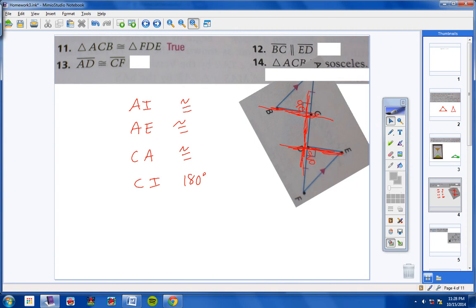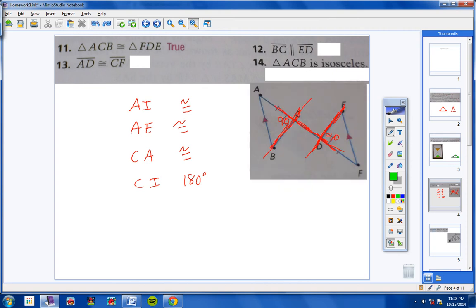What do we call these two angles here? You guys should know this by now. What do we call this angle here and this angle here? Alternate exterior angles. And look, they're congruent, 90 and 90. So whenever two lines are cut by a transversal so that the alternate exterior angles are congruent, then yes, those two lines are definitely parallel, and we can state that, okay? So the answer would be yes, we know that for sure, okay?